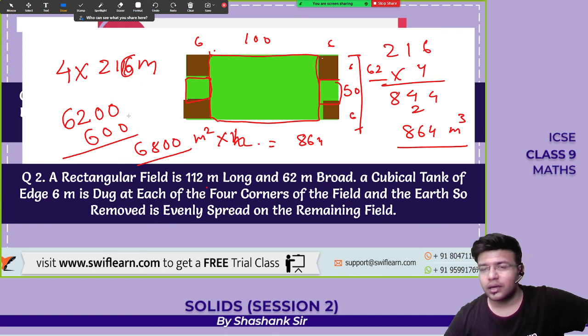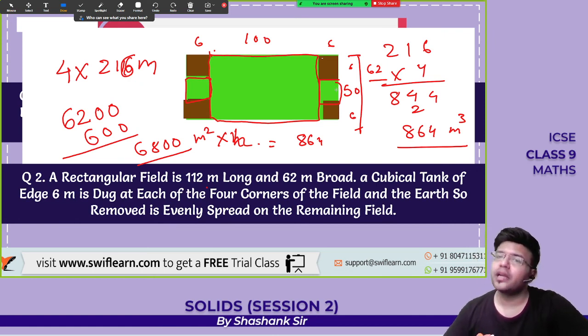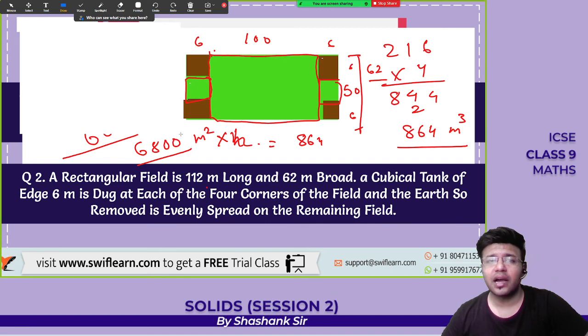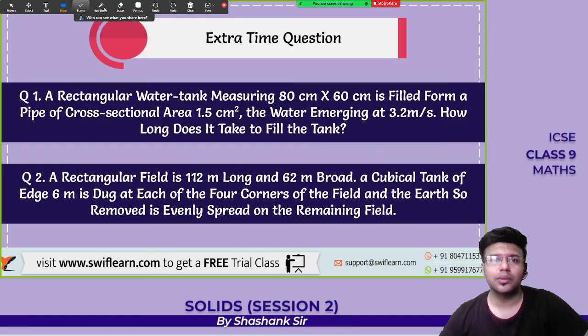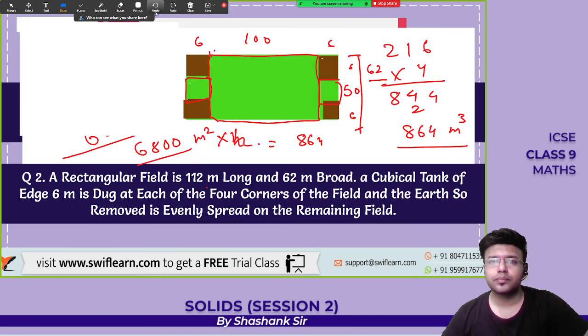And this area is 50 into 6 is 300, 300 plus 300 is 600. Area of the base into height. So yes, we are having 6800, meter square and meters.